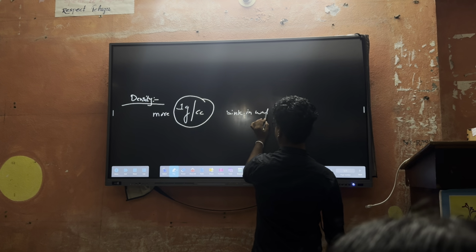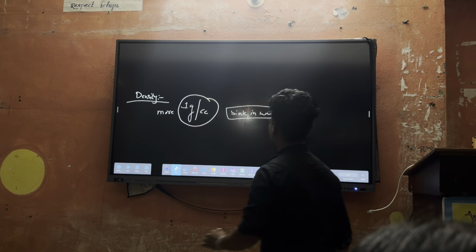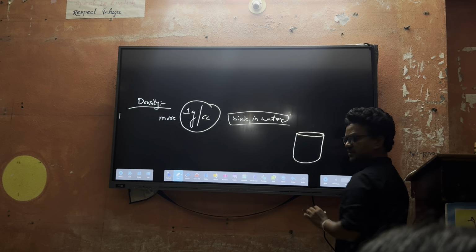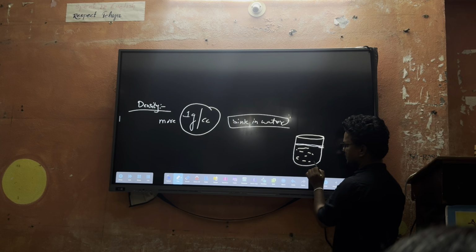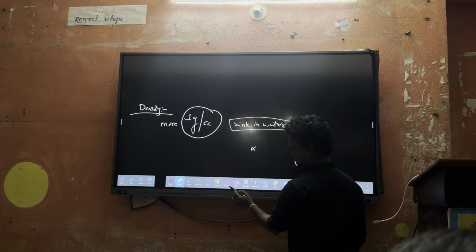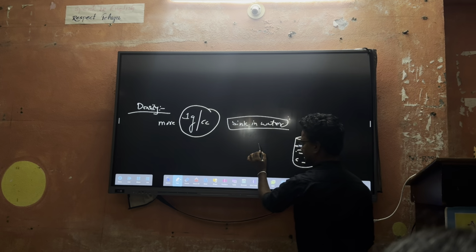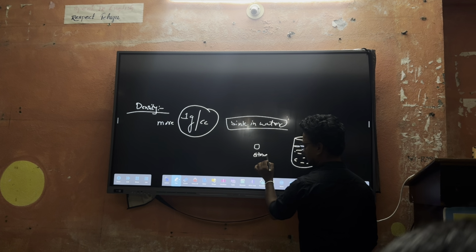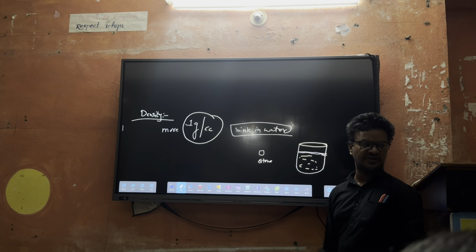Sink in water, in the sense, for example, one beaker. Add some amount of water to the beaker. One object, A. I am taking one object, this stone. Its density is more than 1 gram per cubic centimeter.